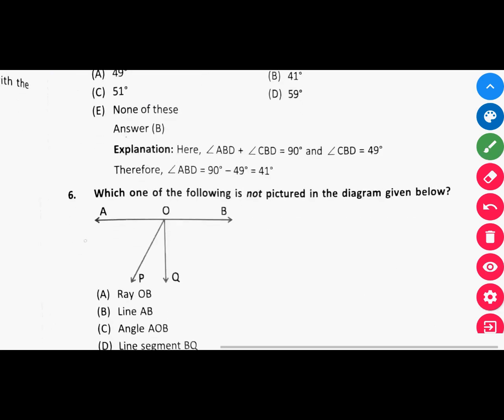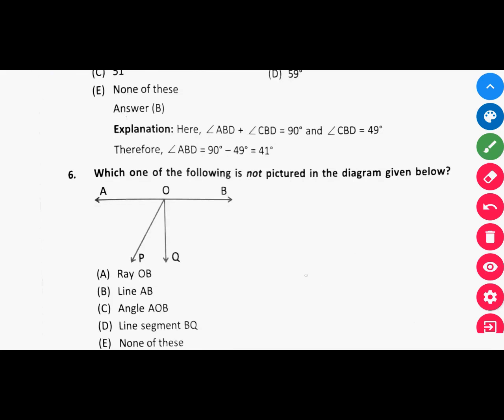Now the next question is, which one of the following is not a part of the diagram given below? Now the options are ray OB. Can you find the ray OB inside this figure? Yes, O is the fixed point and OB is a ray. So this is there in the picture. Now the next one is line AB. It can be extended infinitely at both ends, so it is a line. So line AB is also there.